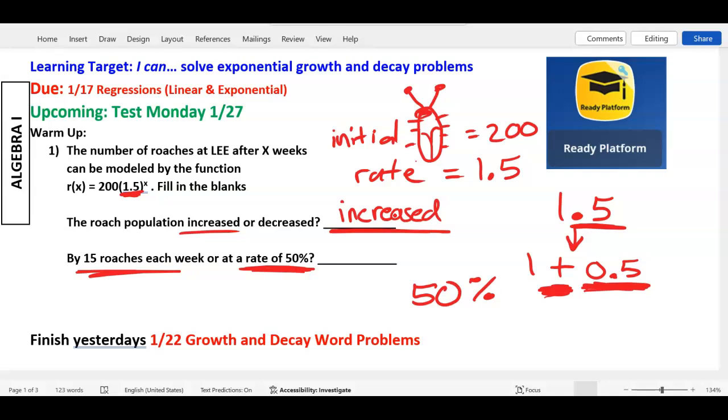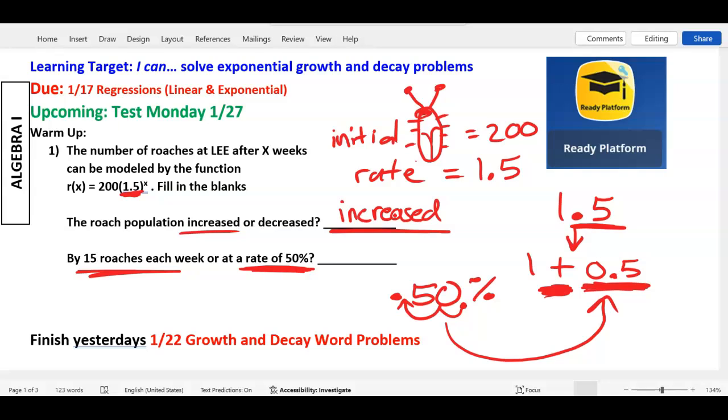So if it's a regular number, that means the decimal is after it to the right, right? So 50 means 50 point, and all you have to do is move that decimal 2 to the left. So 50% means 0.5. So that is what we added to 1 to get 1.5.